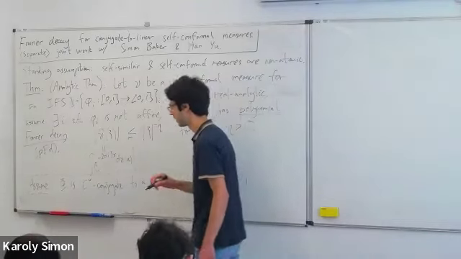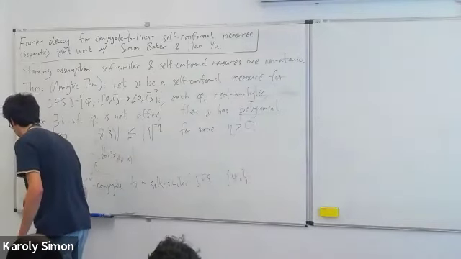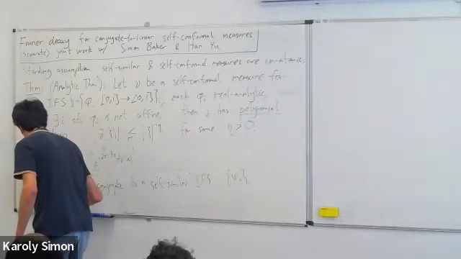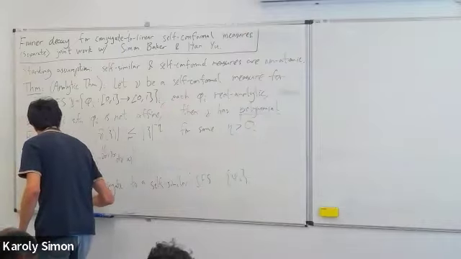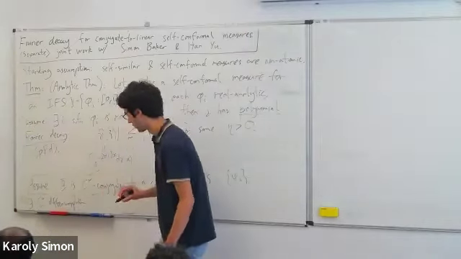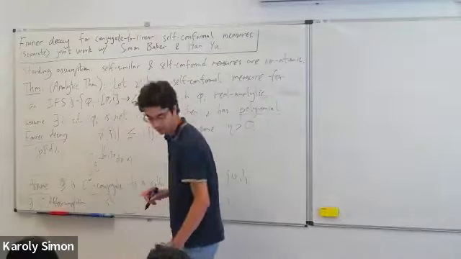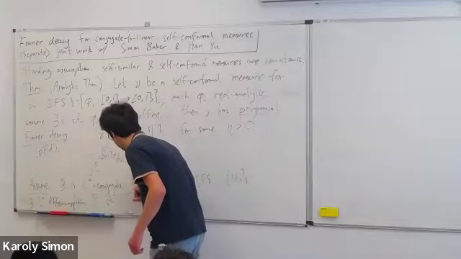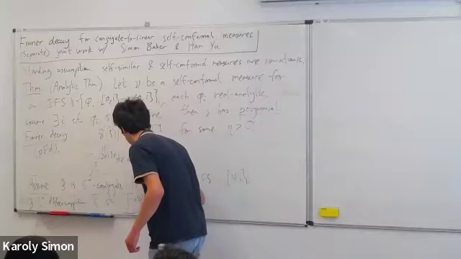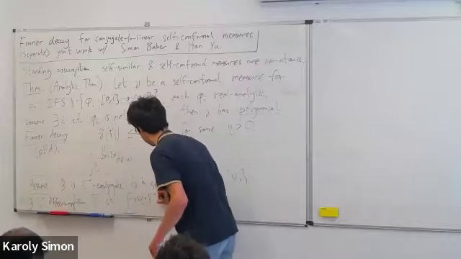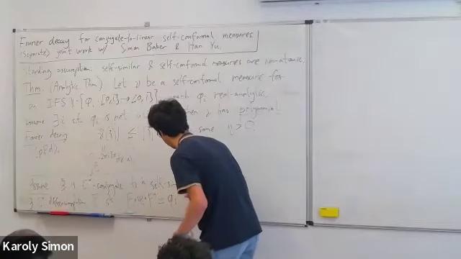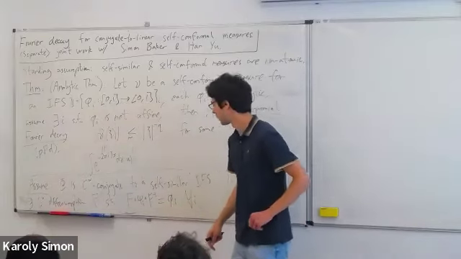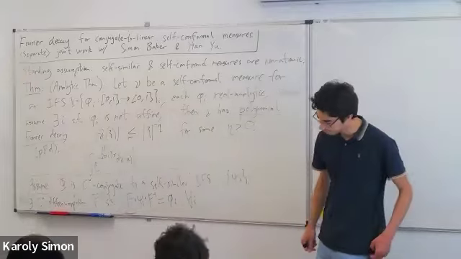So what does this mean? This means that there exists some real-analytic diffeomorphism F such that F composed psi_i composed F inverse equals phi_i for all i. So F will simultaneously conjugate the IFS to a self-similar IFS.